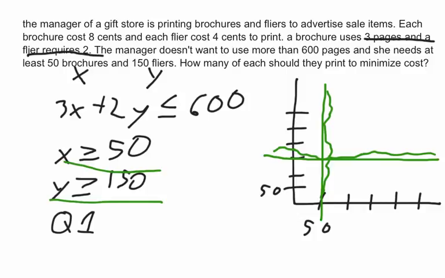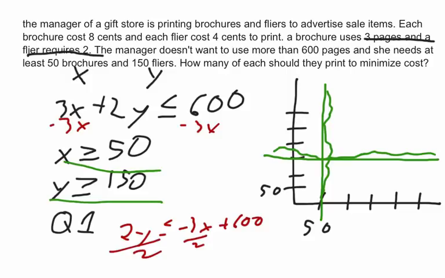For the last one, I'm going to subtract 3x, and then I'm going to drop this to the bottom so I have a little bit of room to write. Negative 3x plus 600 divided by 2, and y is less than or equal to negative 3 halves x plus 300. Well, up here is 300, and I go down 3 over 2.